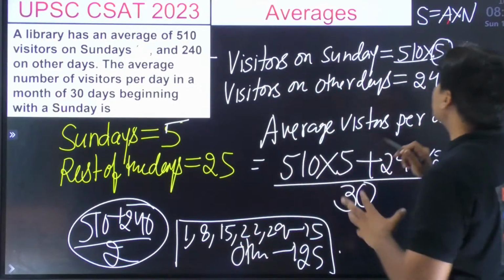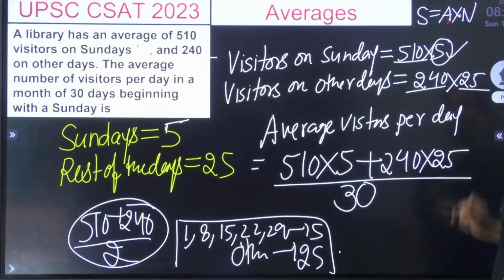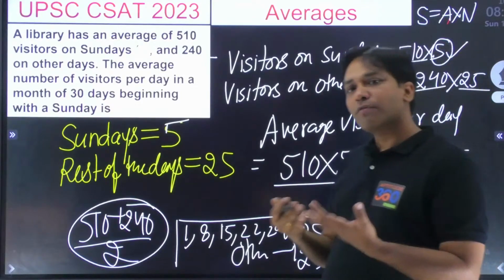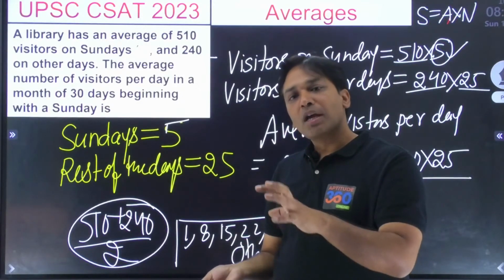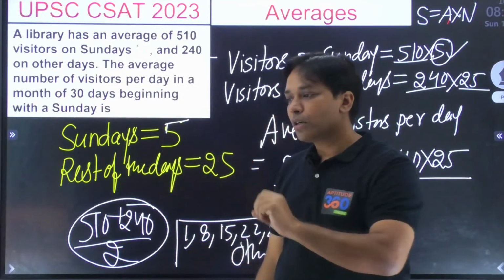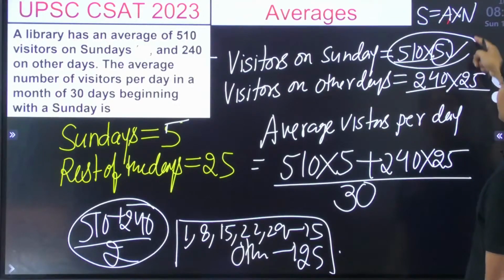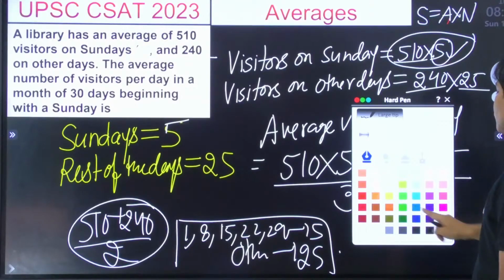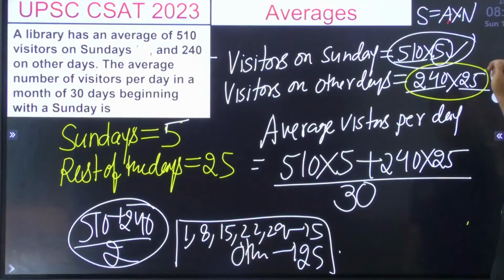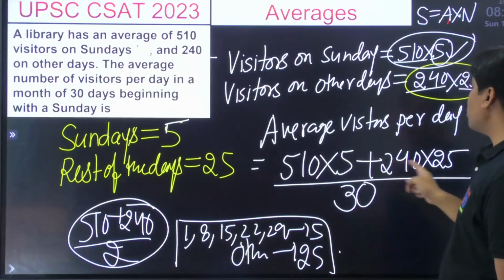So if the average is 240, then 240 into 25 is the total on the rest of the days, going to be the average into number. Is that okay? So this many visitors came on Sundays, and this many visitors came on the rest of the 25 days. So how many visitors do you have in total?